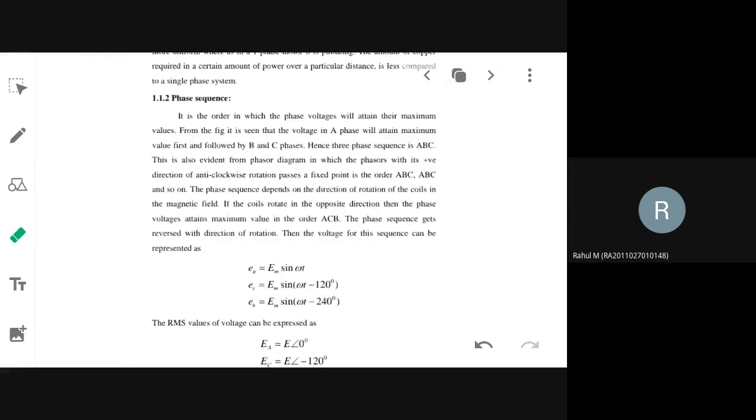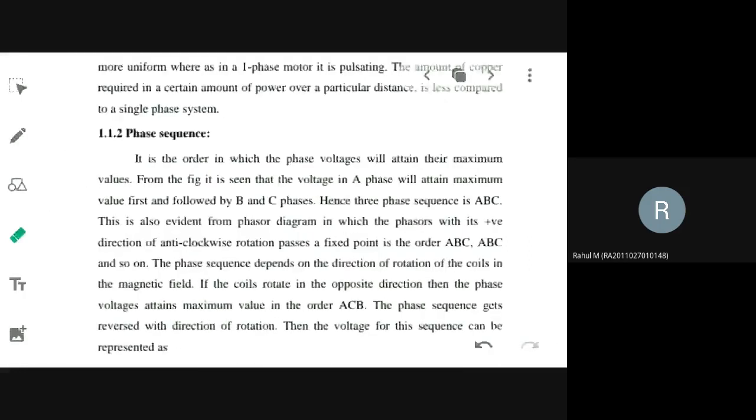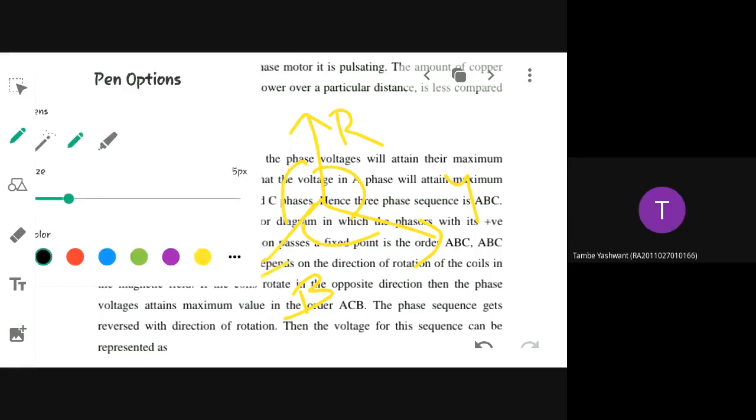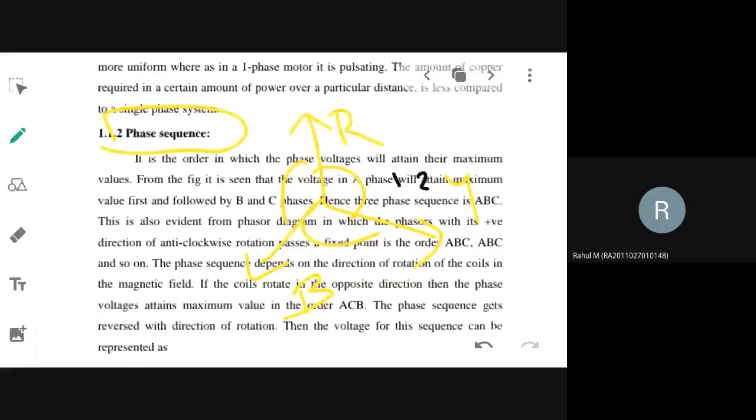Okay, next one more thing you need to discuss is what is meant by phase sequence. Phase sequence means, suppose you have three phases, as I told you, let those phases be R, Y, B, which are displaced from each other by 120 degree.